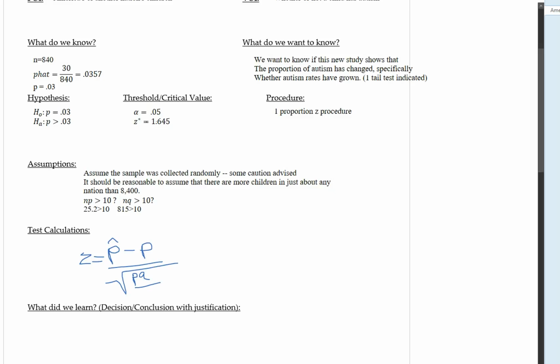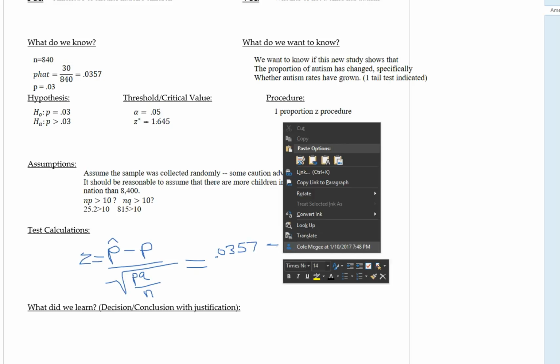So we just need to plug in our specific numbers. Our p hat was 0.0357. Our p was just 3%.